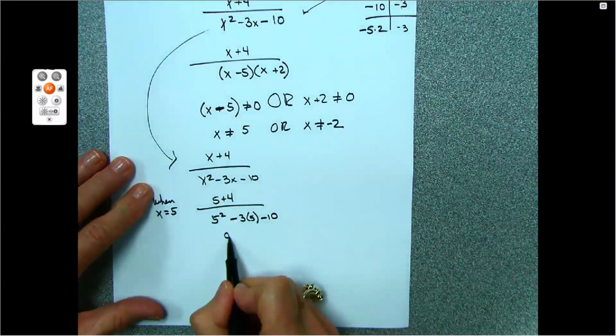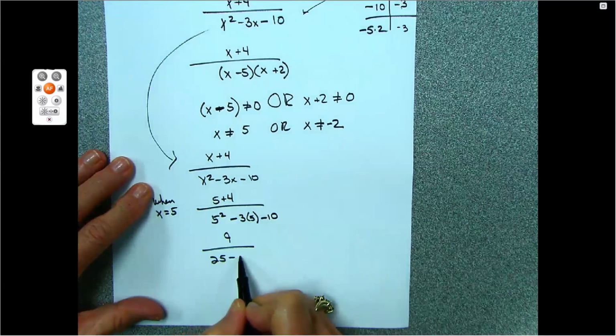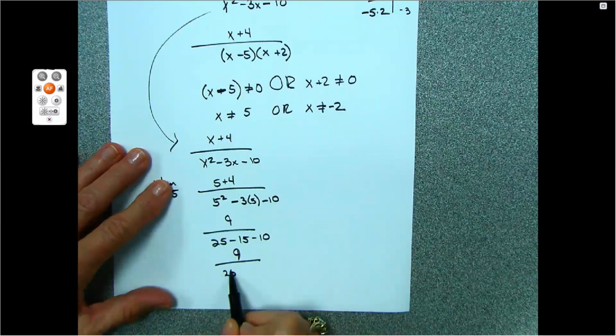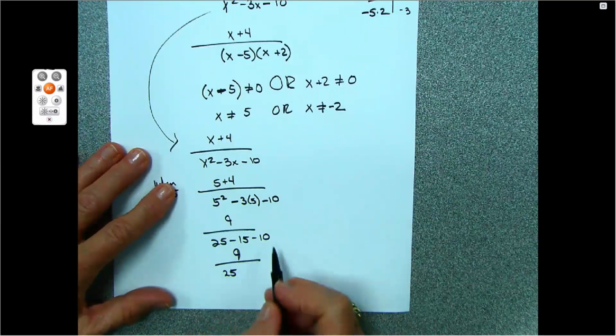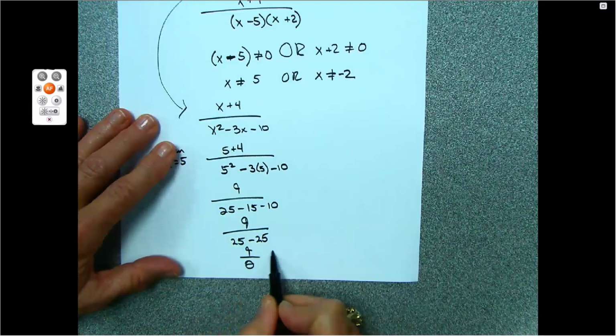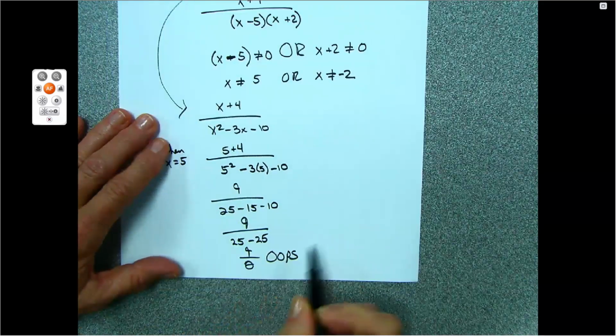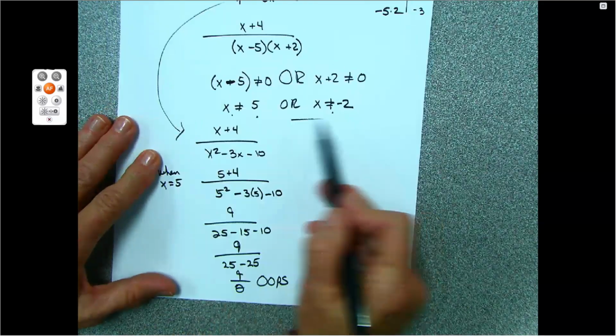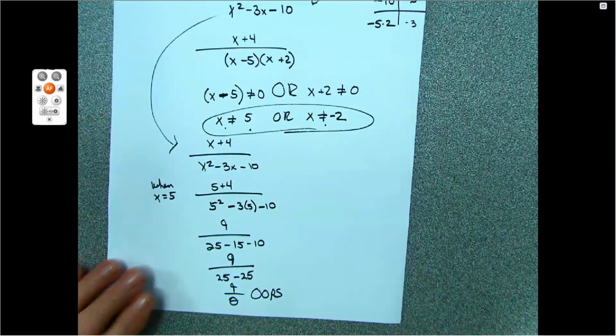That's 9 over 25 minus 3 times 5, which is 15, minus 10. 9 over 25, that's a negative 15 plus a negative 10, which would be a negative 25. 9 over 0, oops. So that's why x cannot equal 5. And you can check by substituting your negative 2.